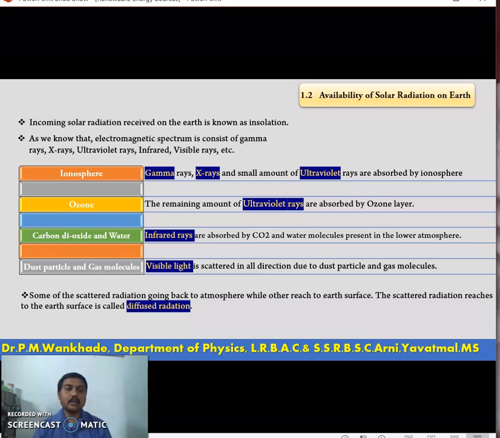As we know, electromagnetic rays travel through a vacuum with the speed 3 into 10 raised to the power 8 meter per second. The electromagnetic spectrum consists of gamma rays, X-rays, ultraviolet rays, infrared, visible, microwaves, etc.